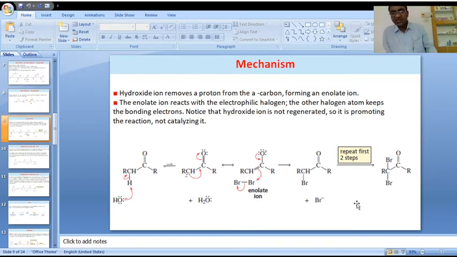This is very important information for a promoted reaction, because this is a base promoted halogenation process, not a base catalyzed halogenation process. It is purely a base promoted halogenation process. Is it clear, all of you?